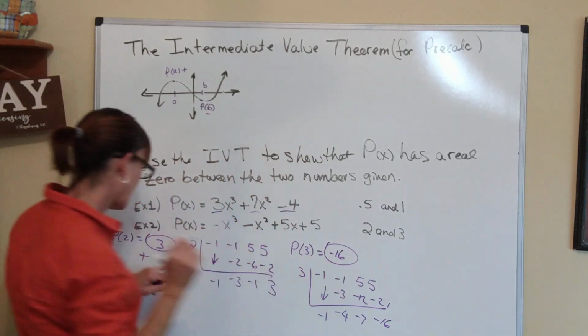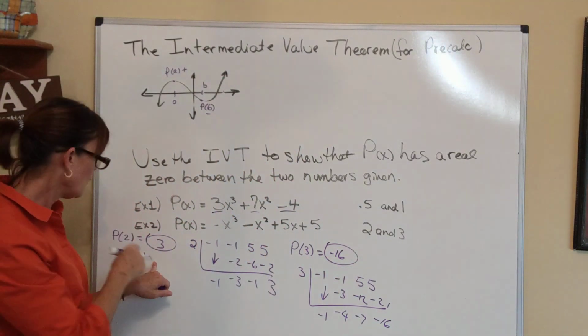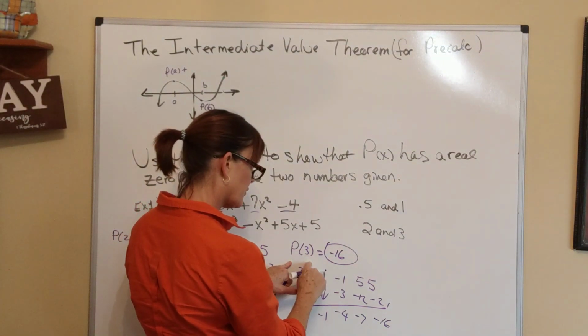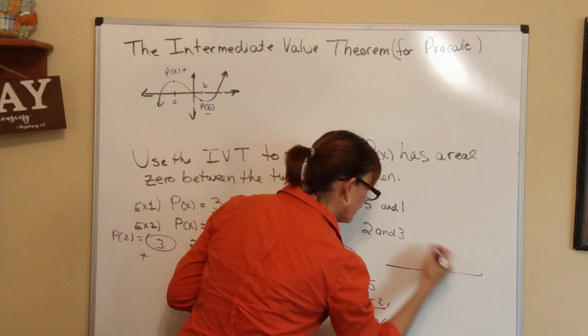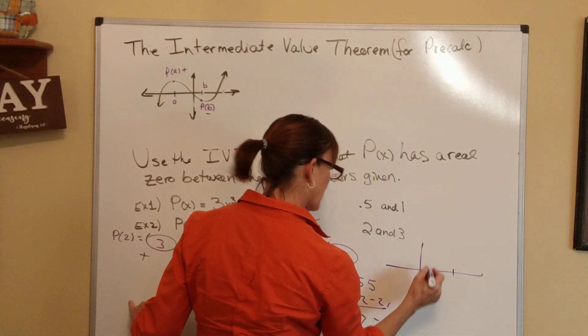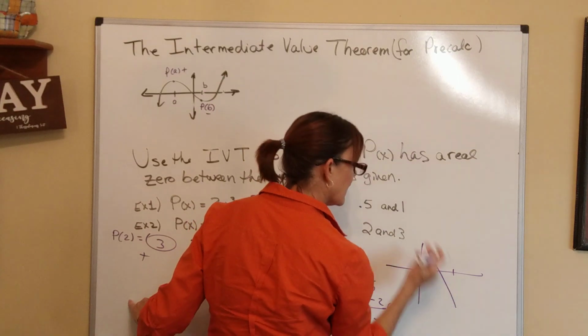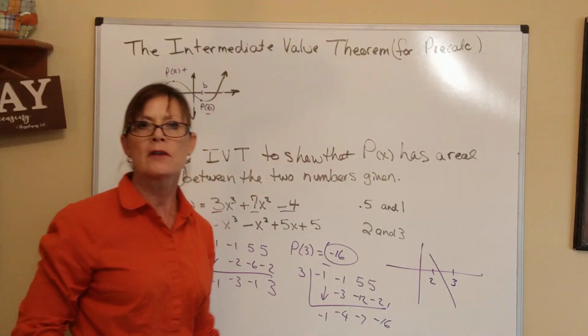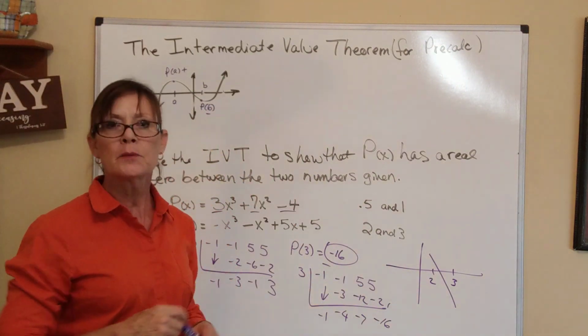The fact that I got a negative result here when x was 3 and a positive result when x was 2 means my function went from 3 to -16 going from x is 2 to x is 3. It had to cross somewhere between here and here. There's a real zero. So that's basically the intermediate value theorem.